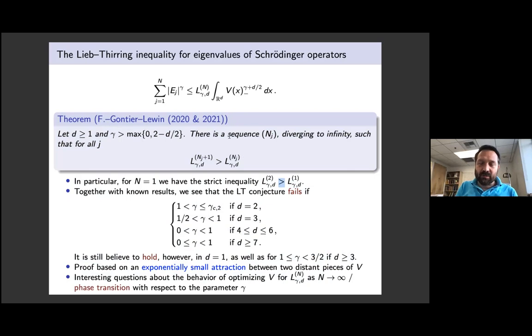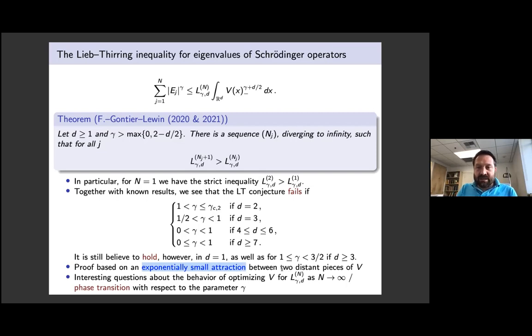Then the potential would split into 2 parts, and each part would be just a minimizer for the one eigenvalue inequality, because the potentials don't talk to each other. What the strict inequality says is this is a disadvantage to dissociate, so you rather keep the stuff together. And that's sort of the idea of the proof, where we exhibit an exponentially small attraction between 2 distant pieces of V.